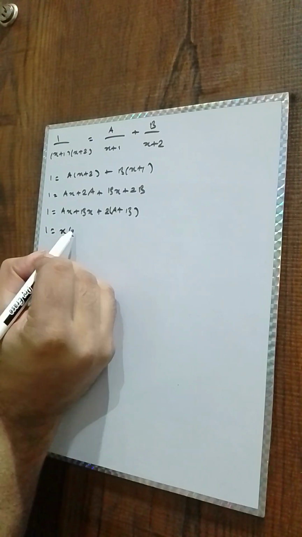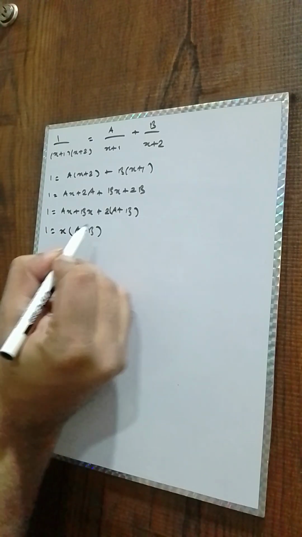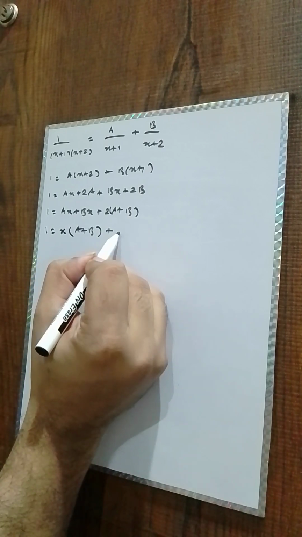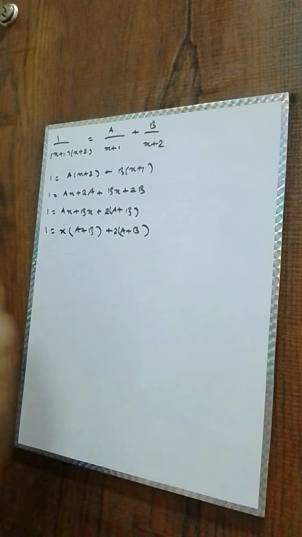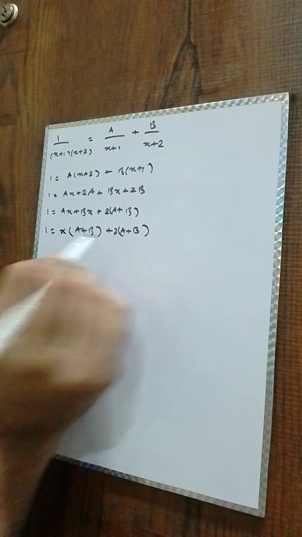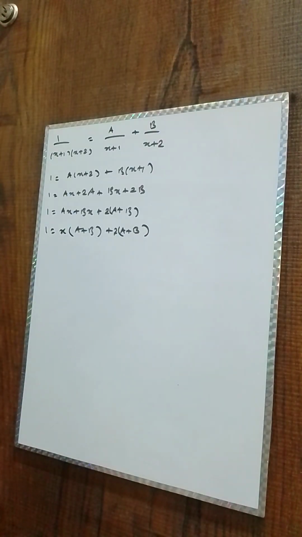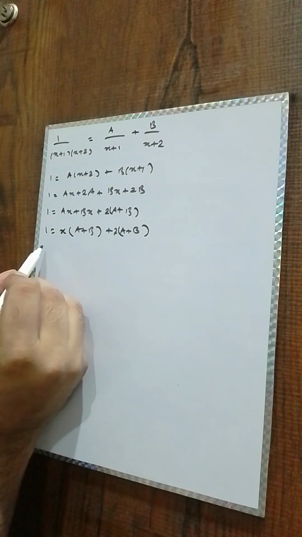So we have this x with the common factor a plus b, and then we have the 2 taken out as a common factor. Okay, so we now compare the coefficients.